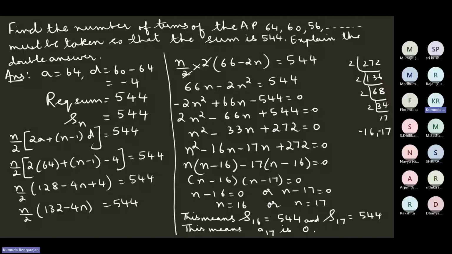Substitute the values of A and D. N we don't know, so you will get a quadratic equation in N. Here we have split the middle term and we got two values for N, 16 and 17, both of which are acceptable. That means S16 is 544, and S17 is also 544. And the double answer is because the 17th term is 0. In this AP, the 17th term is 0.